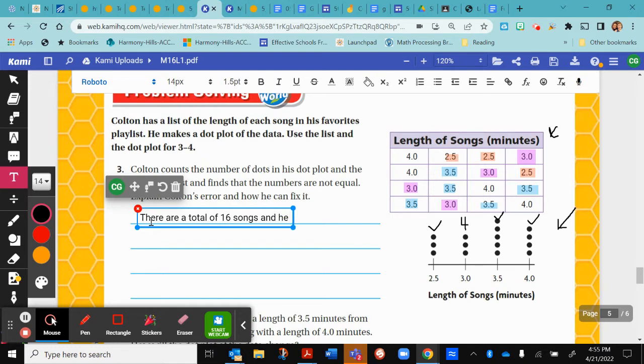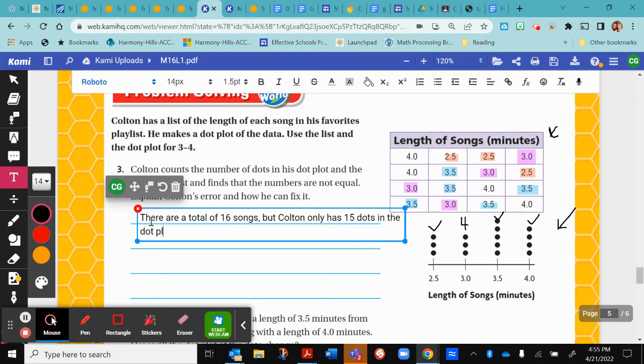I'll put it this way, there's a total of 16 songs, but Colton only has 15 dots in the dot plot.